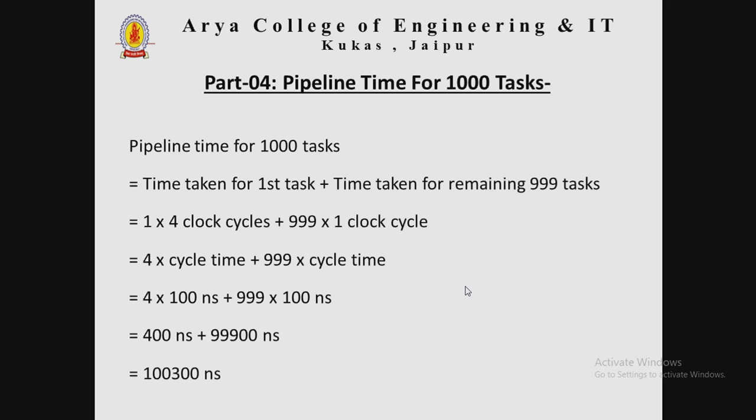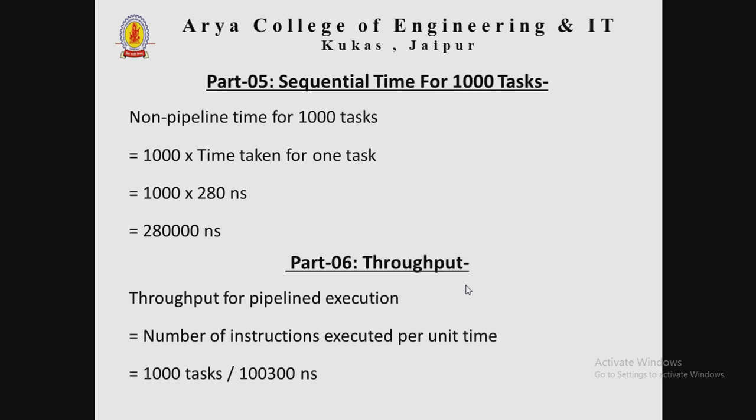We know the cycle time is 100 ns, so putting the values we get 4 into 100 ns plus 999 into 100 ns, which equals 400 ns plus 99,900 ns, which equals 100,300 ns.